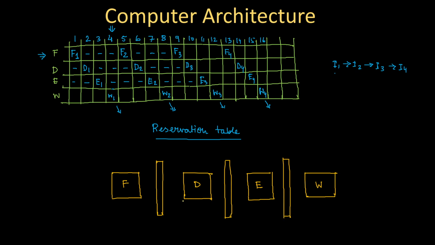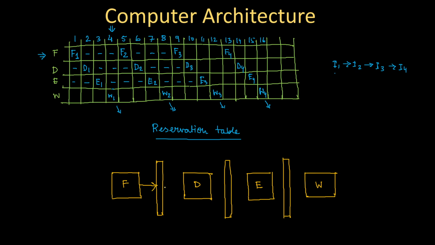What is the purpose of this buffer? You can assume this buffer to be something like a flip-flop or a register. A register is made of flip-flops, so basically flip-flops, which temporarily store the output of the previous stage and keep storing it until a particular time is completed.